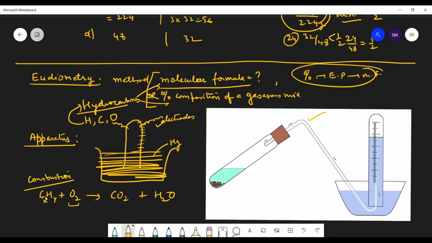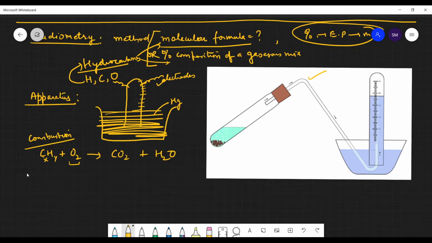Oxidized means oxygen will be added to them. And then the mixture is cooled. Let us write the steps. First step is the combustion. Second step, cooling the mixture.